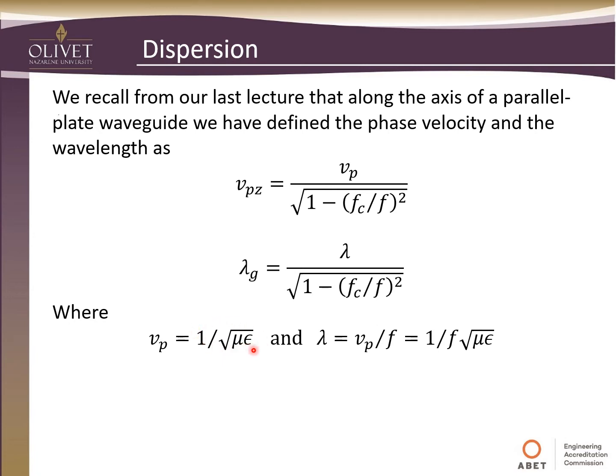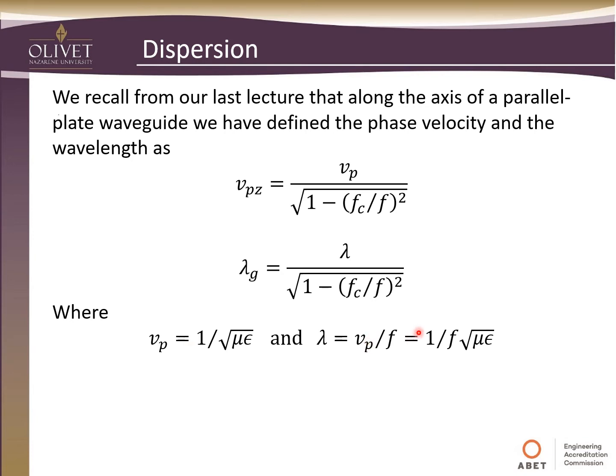So whatever the permeability and permittivity is, this wave that's bouncing down the waveguide is always going to be a function of whatever's inside the waveguide. And of course, it can be free space, but we could also put some other dielectric in there. And then the wavelength is this phase velocity divided by the frequency.